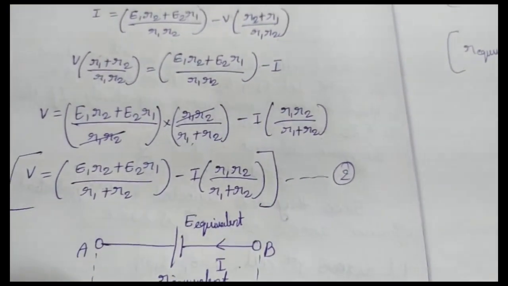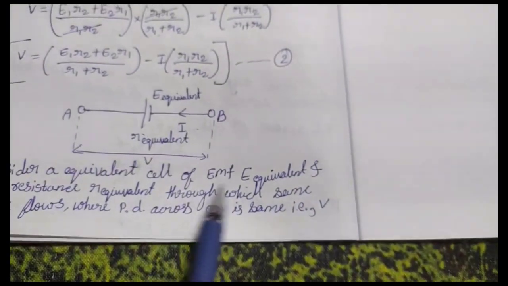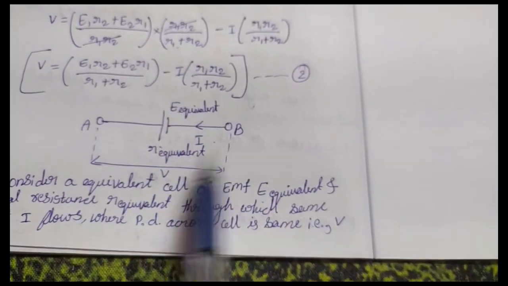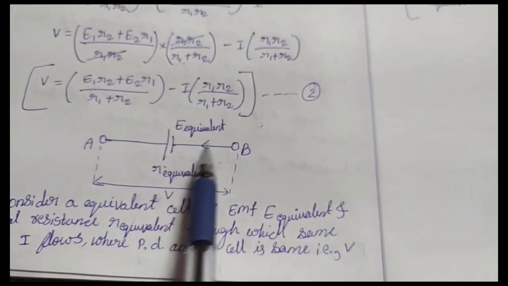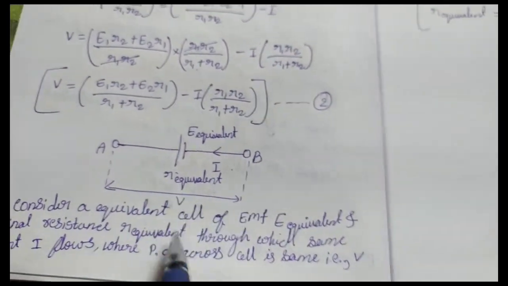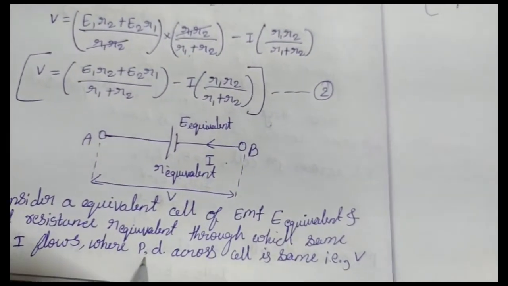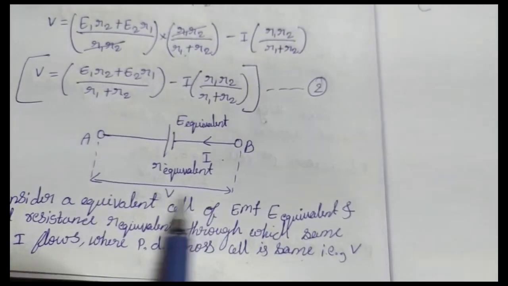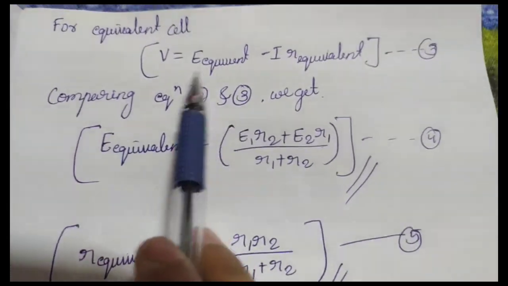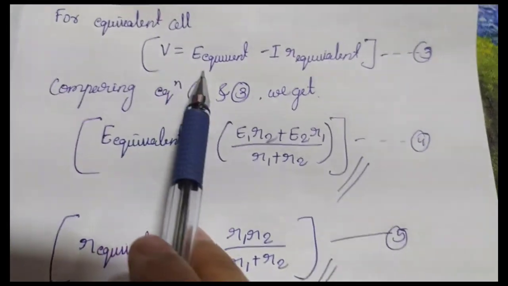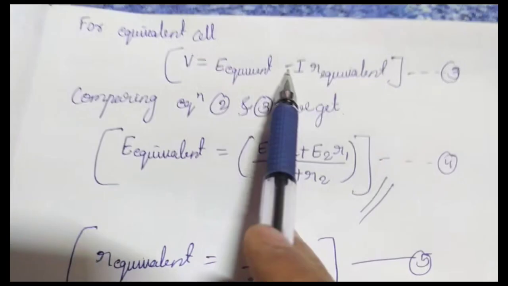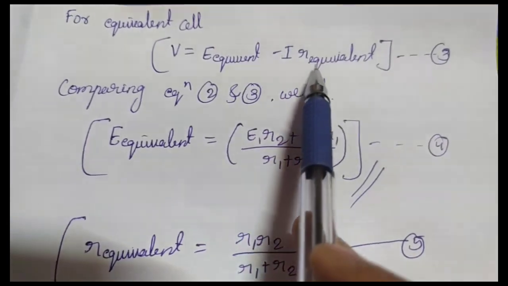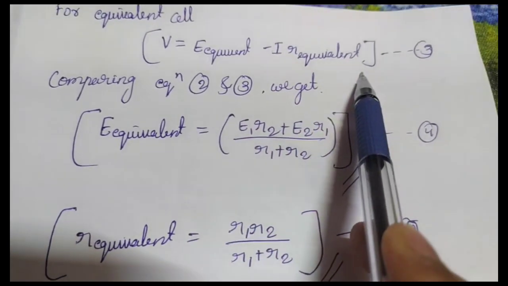Now I consider an equivalent cell. It has an equivalent EMF, an equivalent internal resistance, and the same current I flowing through the circuit. The potential difference across it is also the same, V. For the equivalent cell, the potential difference is V equals the electromotive force of the equivalent cell minus current into the internal resistance of the equivalent cell.